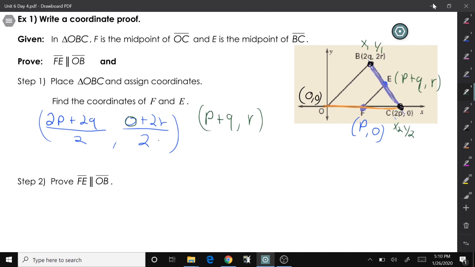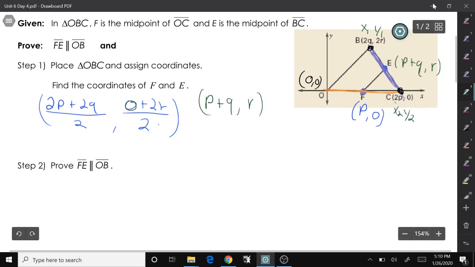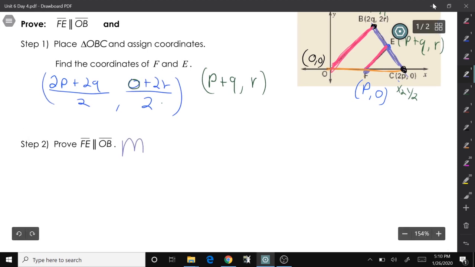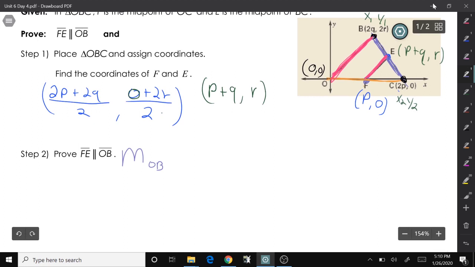So now we're going to calculate the slope of BO and EF using the slope formula. I'm going to write this a little bit bigger. The slope of OB, and I'm going to do my y values first.